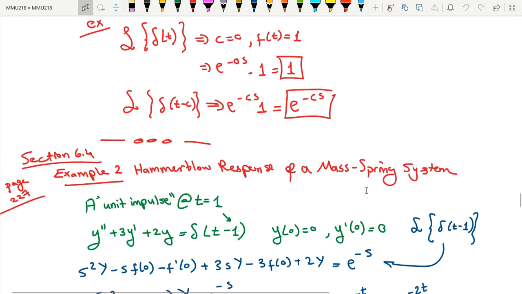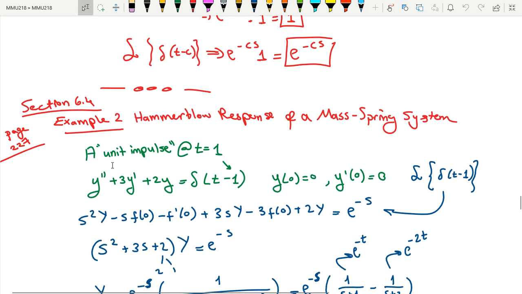This is example 2 in section 6.3 on page 227. It's a hammer blow response of a mass spring system. So I'm going to give a unit impulse at time equals 1, and that's going to be represented by Dirac delta t minus 1.